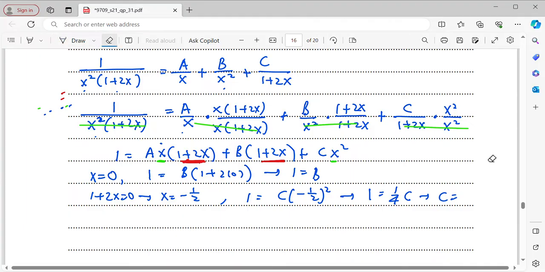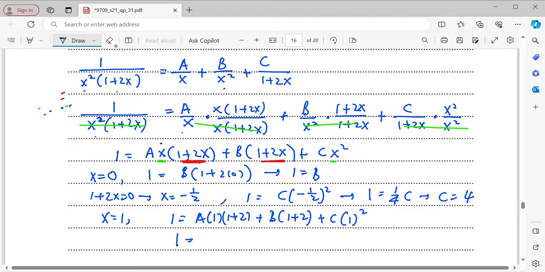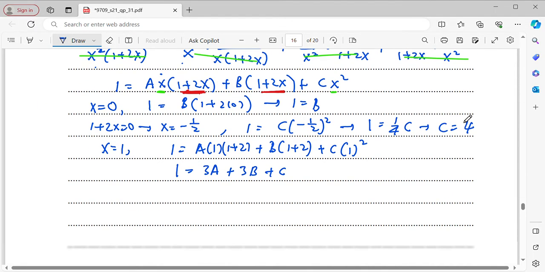Now, the next step is to let x be any other number. Let's say I let my x be 1 because we don't have other factors. So let x be 1, left hand side 1, right hand side A times 1, then 1 plus 2, plus B bracket 1 plus 2, plus C bracket 1 squared. So from here, 1 equals, this is basically 3A plus 3B plus C. So now replace the B and C that we have just found.